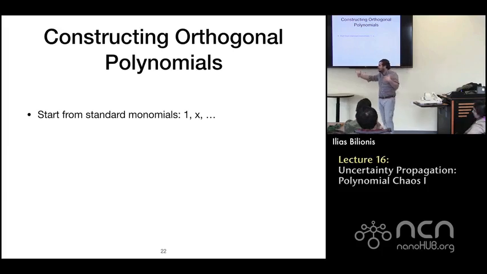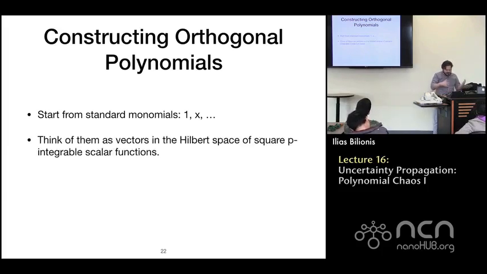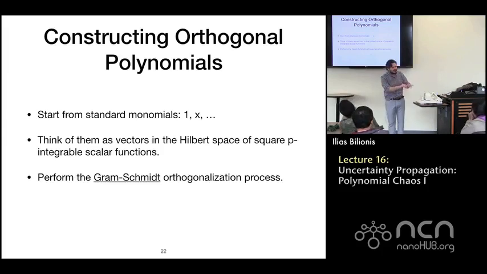They are all linearly independent when you think of them as functions. And then you think of them as vectors in the Hilbert space, and you use the Gram-Schmidt orthogonalization procedure. What is that? Google it, remember it, okay? It's not a big deal.